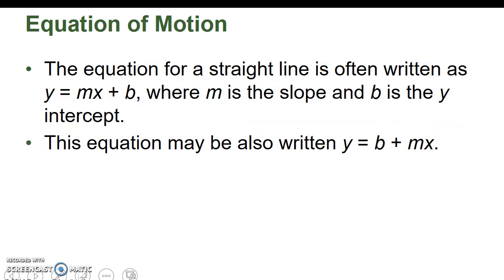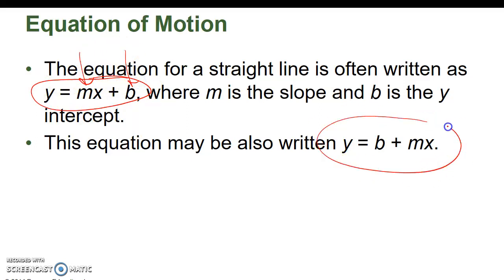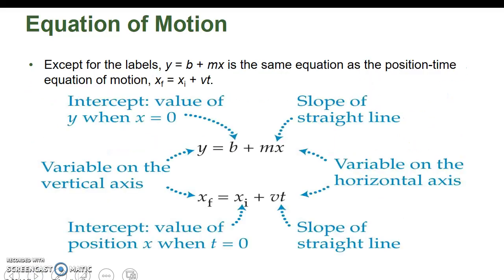So the equation for a straight line is y equals mx plus b. M is slope, b is the y-intercept. We also could write it solving for y and say y is equal to b plus mx. And this is where it looks like our equation of motion. So y is the same as our final position, the variable on the vertical axis.